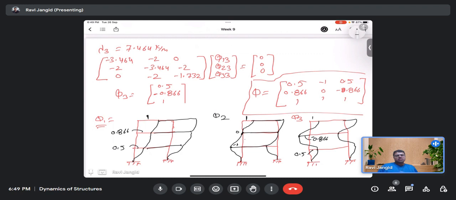Now using these mode shapes, we need to check the orthogonality, whether my structures are satisfying orthogonality or not. So can you give a try for the orthogonality?